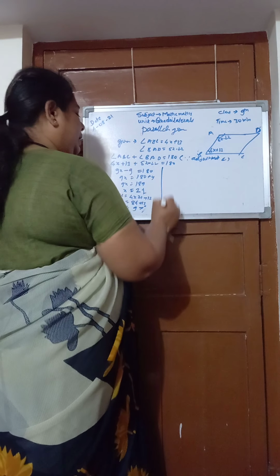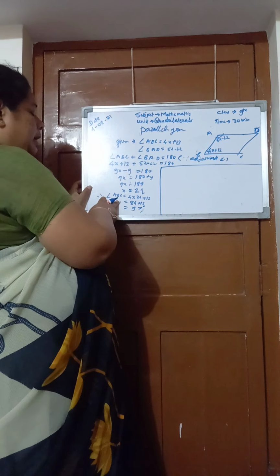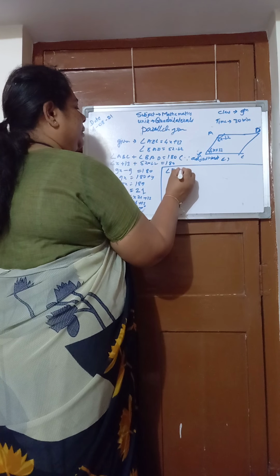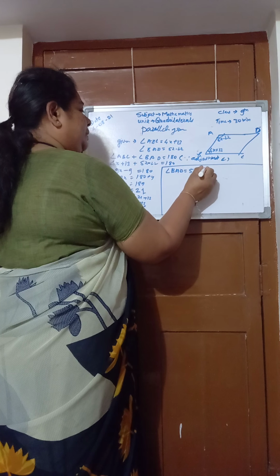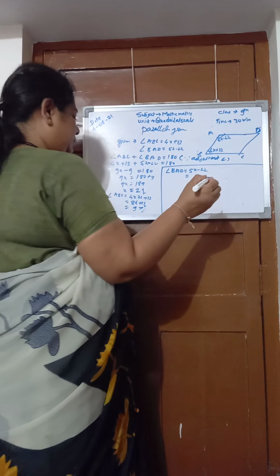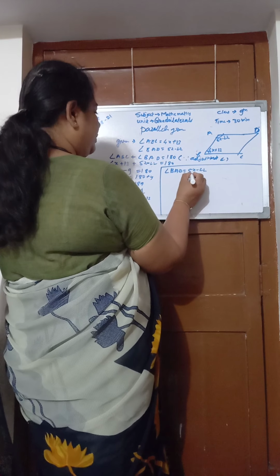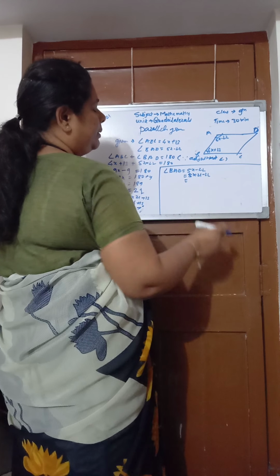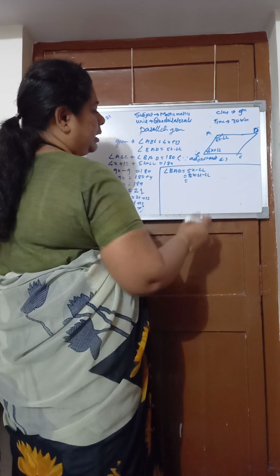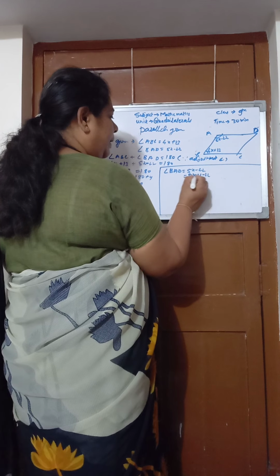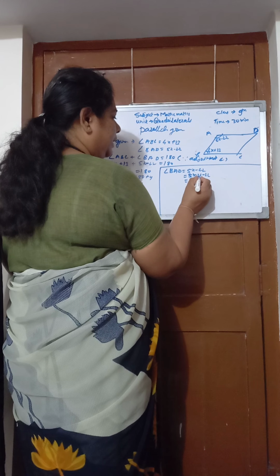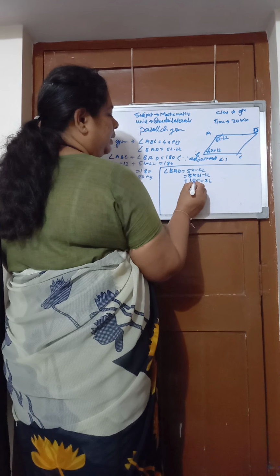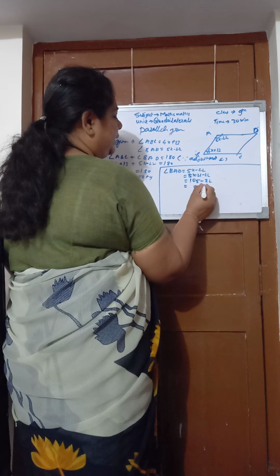Then we have to calculate angle BAD equal to 5x minus 22, that is 5 into 21 minus 22. 21 5s are, who will tell me? 105 minus 22, that is 83 degree.